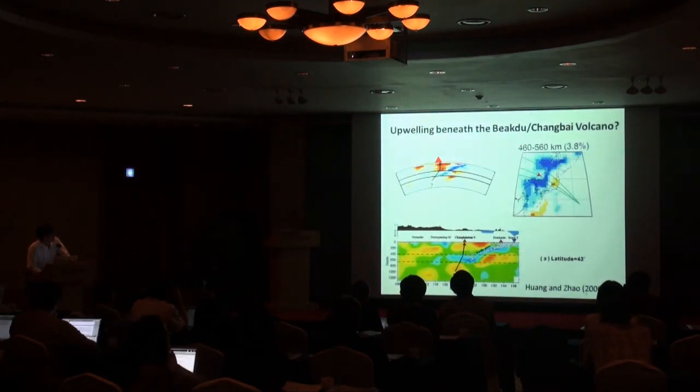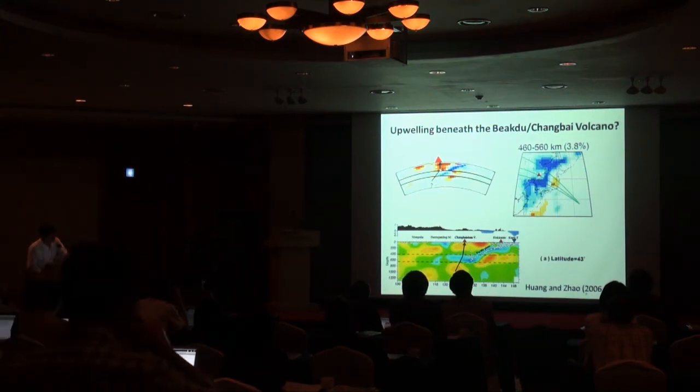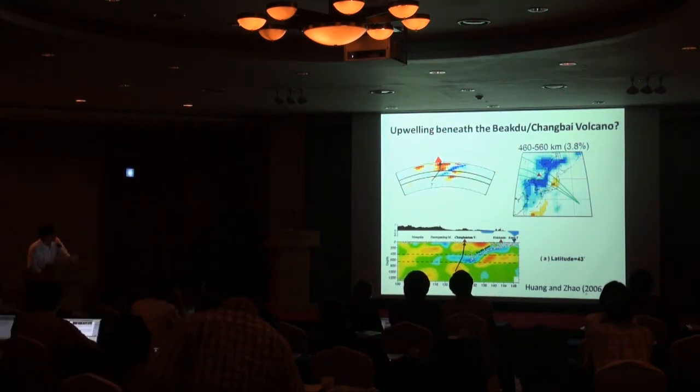And as for the structures beneath the volcano, because stagnant slab is not clear in this region, something may be arising from the lower mantle, and this should be an alternative to the BMW model.